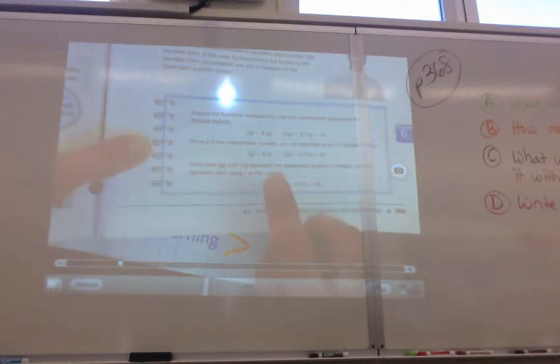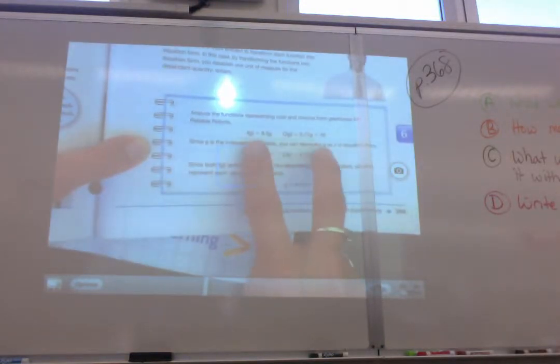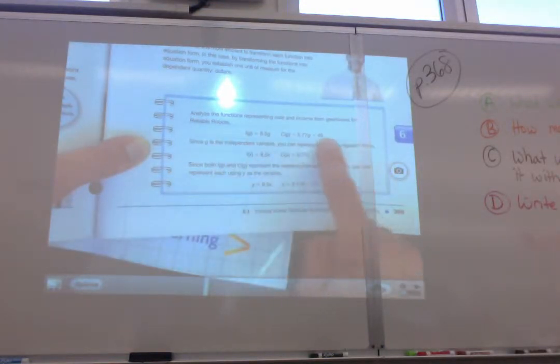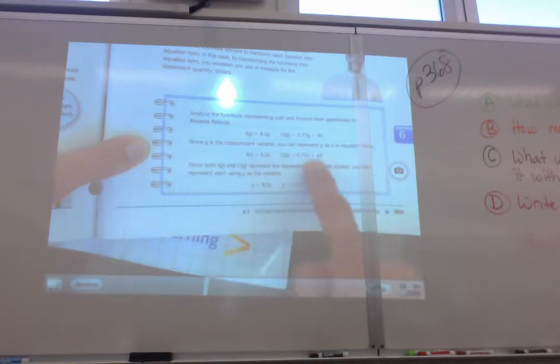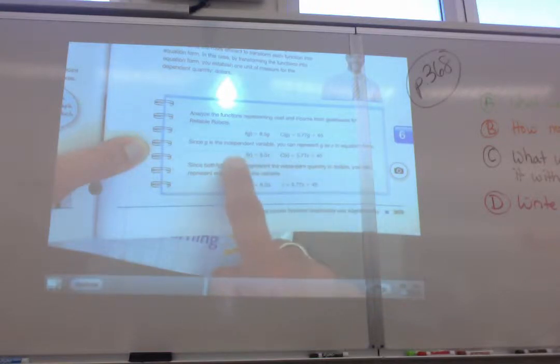Everybody put your finger down on the first line inside that little notebook thing. There's our functions, I of g, C of g. Go down to the middle line. What have they done? They changed the g to an x. So what did they do right here, Christian?